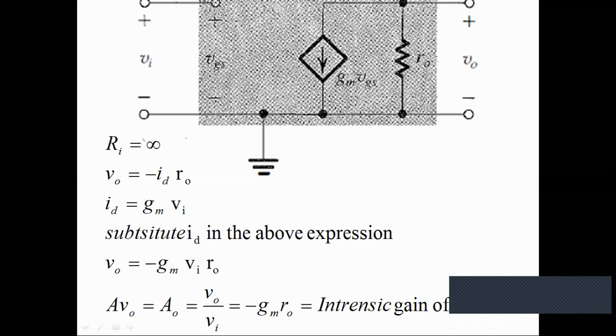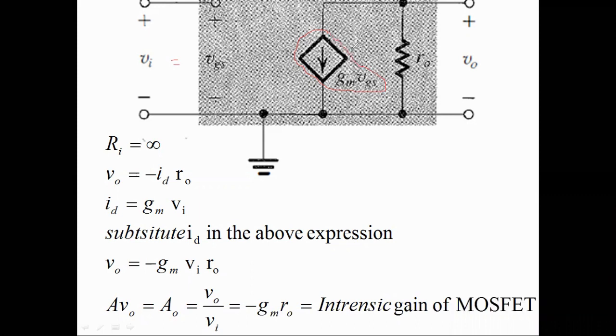Now Vi is applied to the gate with respect to the source, so Vi equals VGS. The applied voltage is converted into current, so on the output side it is represented with a current source of magnitude Gm into VGS. This is the current source, and a current source should have a resistance in parallel, so that is represented with R0. Now V0 is taken across R0.